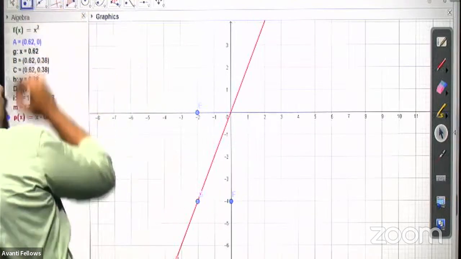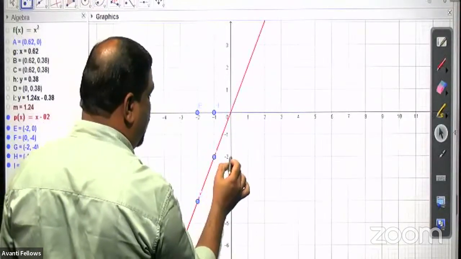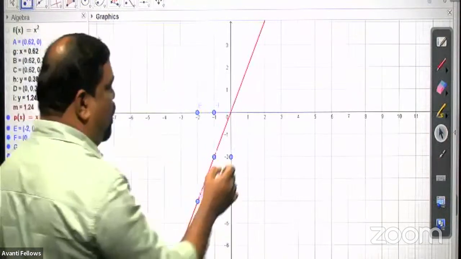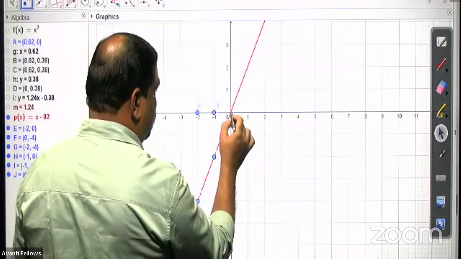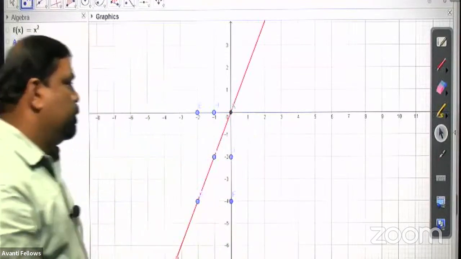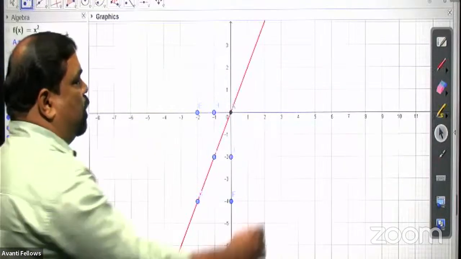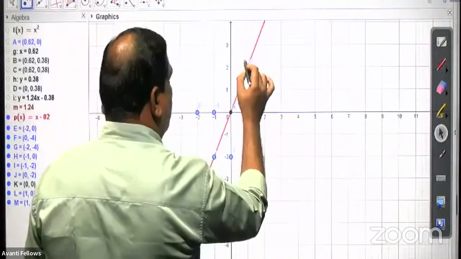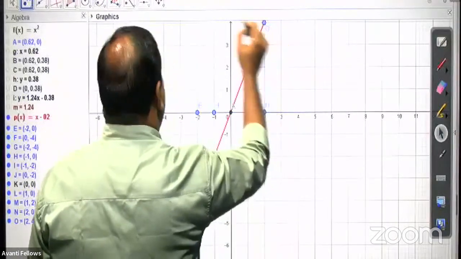If I take x equal to -1, the function value is -2. If I take x equal to 0, the function value is also 0. If I take x equal to 1, the function value is 2. If I take x equal to 2, the function value is 4.